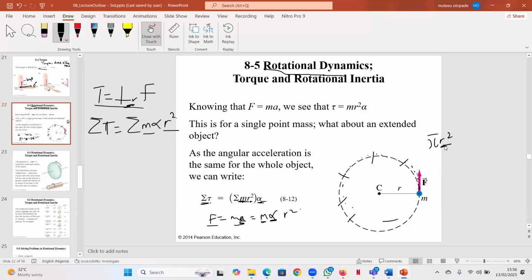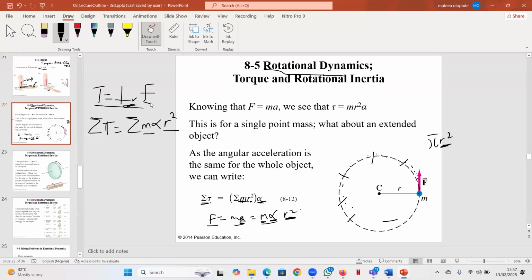Pi R square. And that is where this R square is coming from, the area that is swept. So you then put this with the M lambda, and you can calculate the torque, which is the perpendicular distance and force.